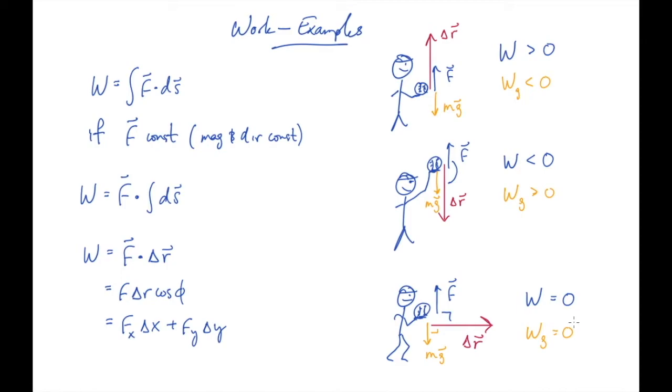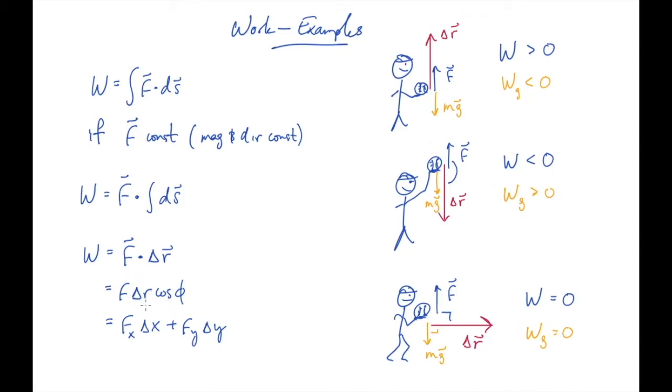There are, by the way, 3 separate ways to have 0 work being done. Here was one case when the force and the displacement are perpendicular. That sets this term to 0. The other two ways are to make each of the other terms 0. If you have no force, of course you're going to have no work. But the other way is to have a force acting at any angle you want on an object, but the object isn't moving anywhere.